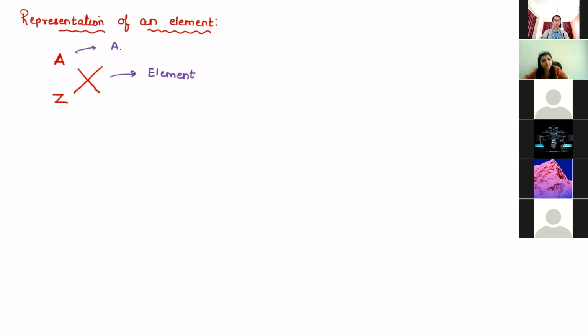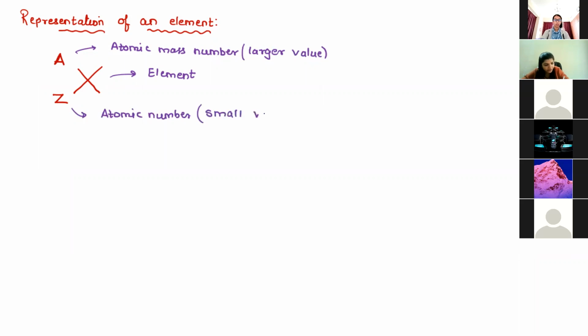A is the atomic mass number, which is always a larger value. And this will be the atomic number, which is the smaller value.